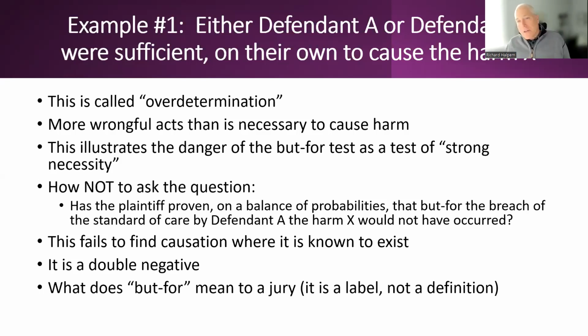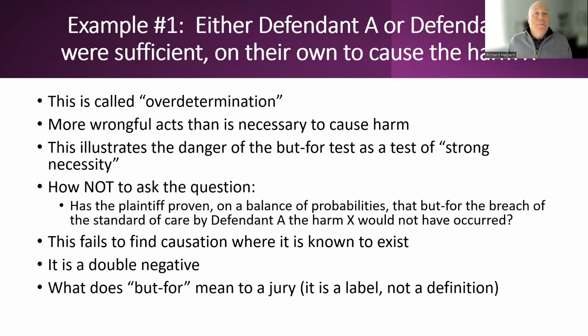So if we ask the causal, the but-for question, but for the negligence of fire A, would the loss have been avoided? The answer is no. B still would have happened. Therefore, we haven't proven causation against A. If we ask the same question of fire B, we get the same answer. No, it's not causative because the loss would have occurred as a result of fire A. Therefore, we get into this paradoxical situation where neither fire A nor fire B caused the loss.